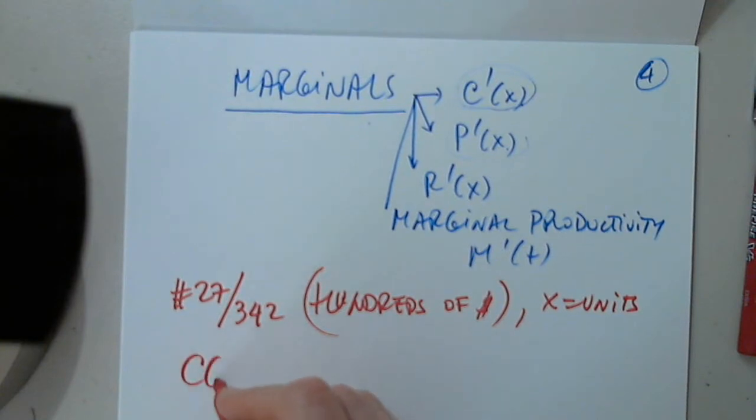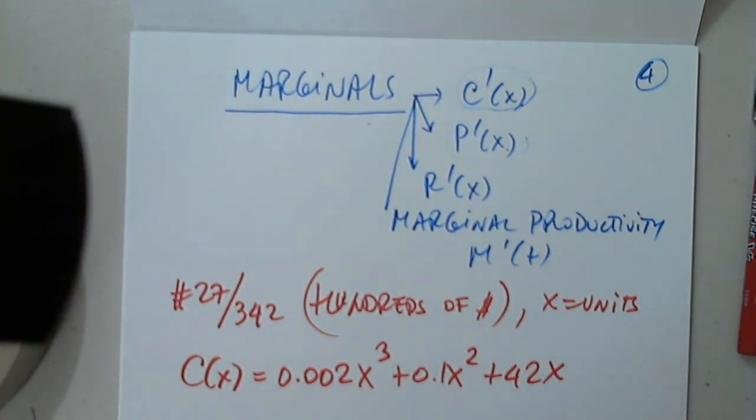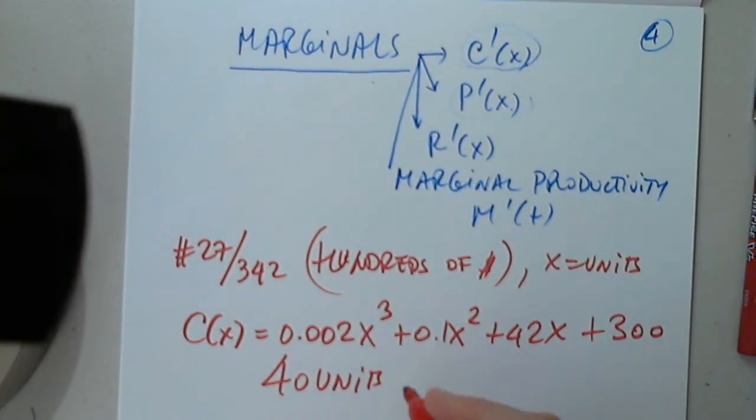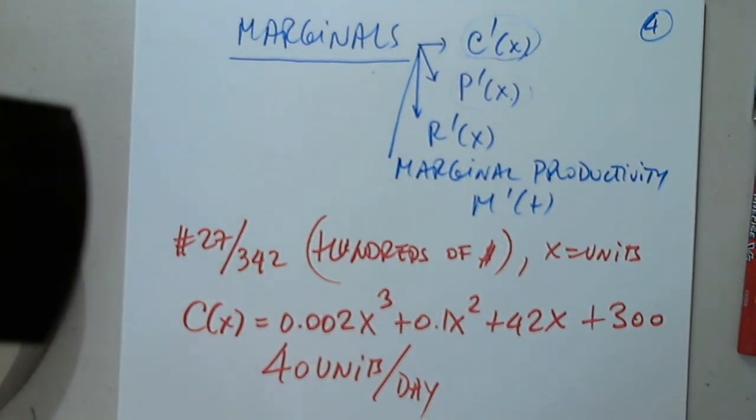C of x equals 0.002 x cubed. If you see something, say something, please, anytime. Plus 300. And currently 40 units are produced daily. What is the current daily cost?